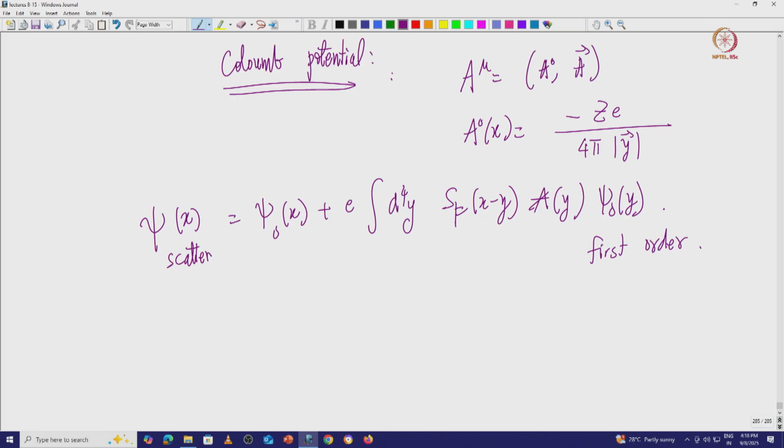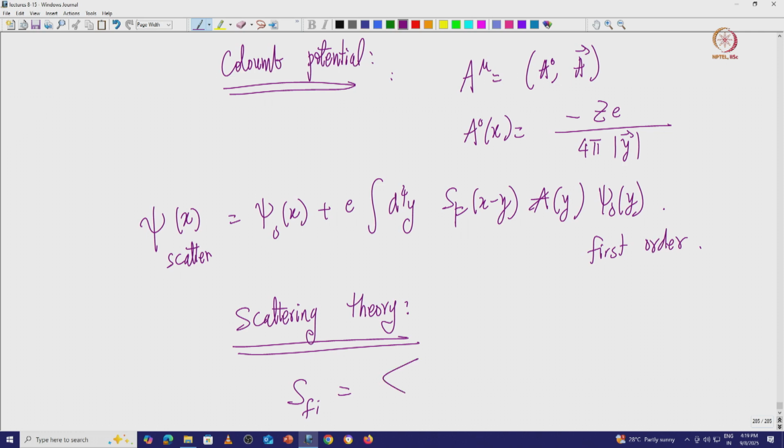Now what we define is a scattering matrix, which I have mentioned several times: S_fi, the final state given the initial state.